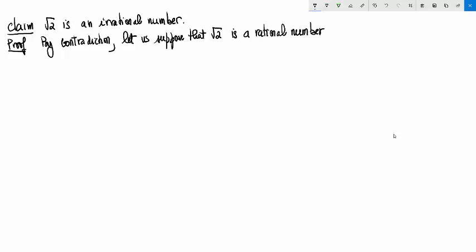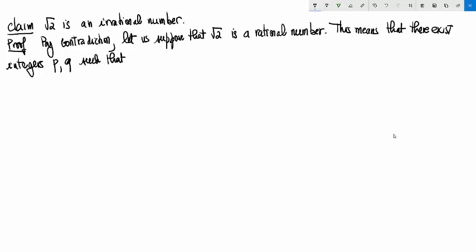What does that mean? This means that there exist integers p and q such that q is not 0 and square root of 2 is equal to p over q.